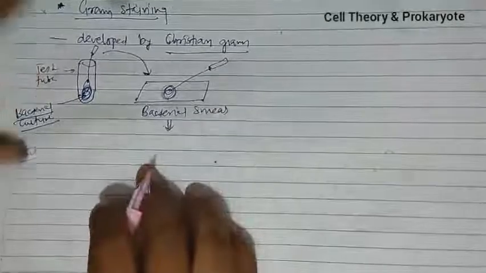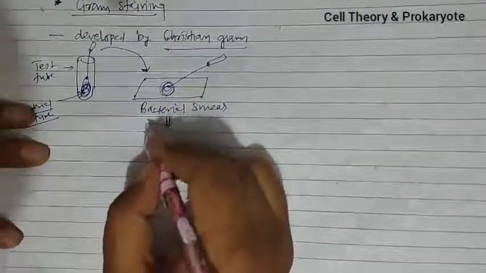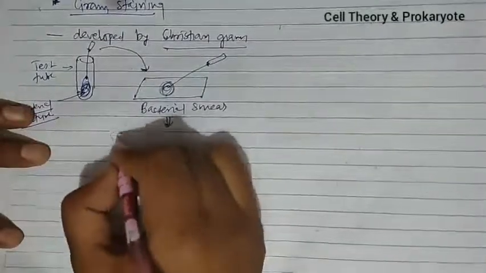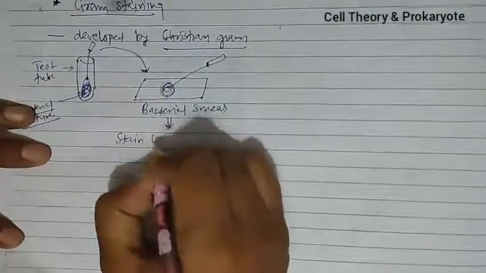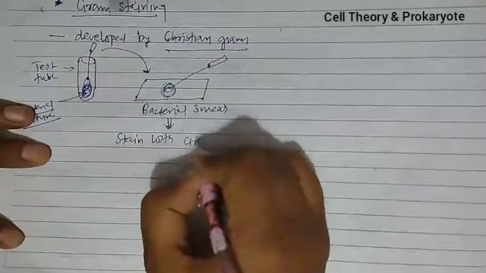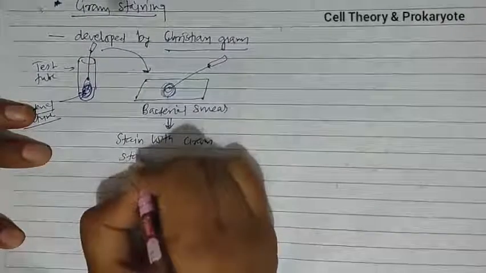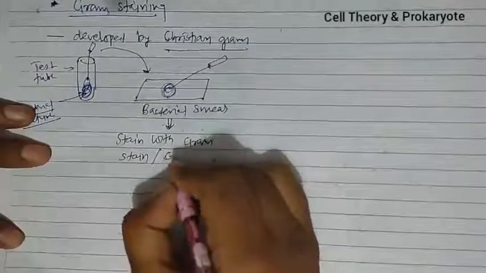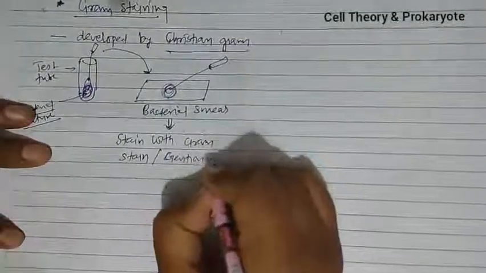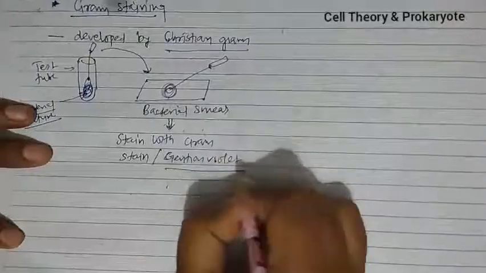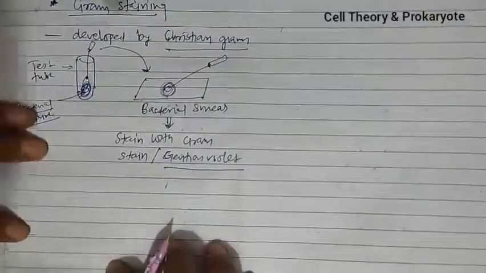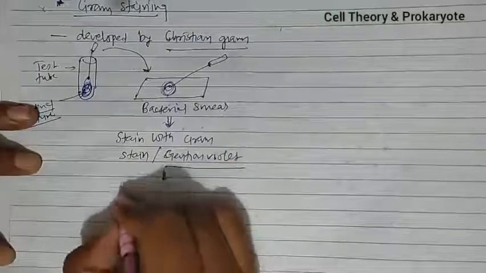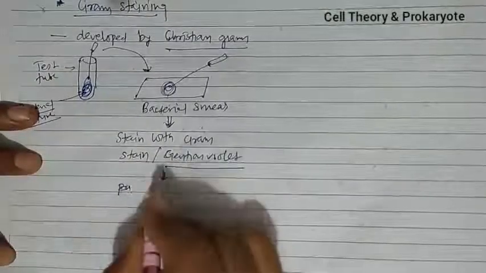Then sometimes we heat fix also, to fix it properly. Then we stain with gram stain, or gentian violet. Gentian violet is a purple colored stain, so it gives a purple color.